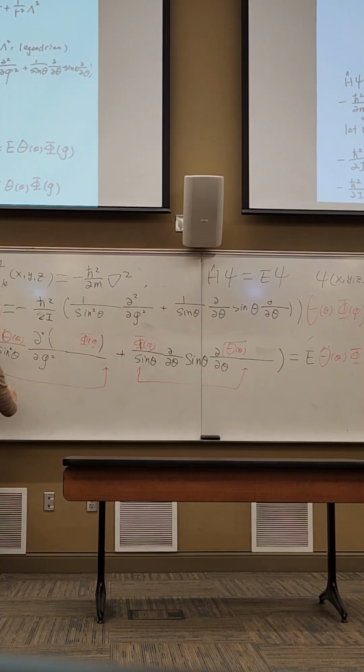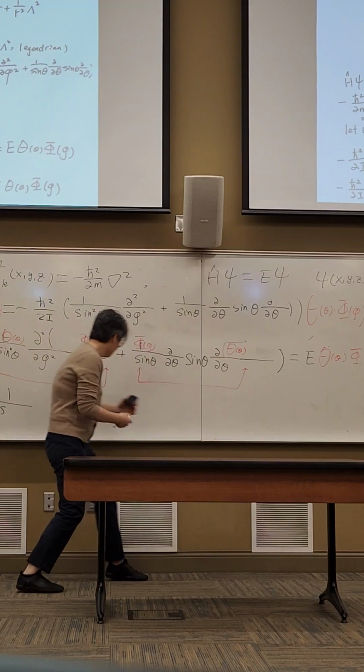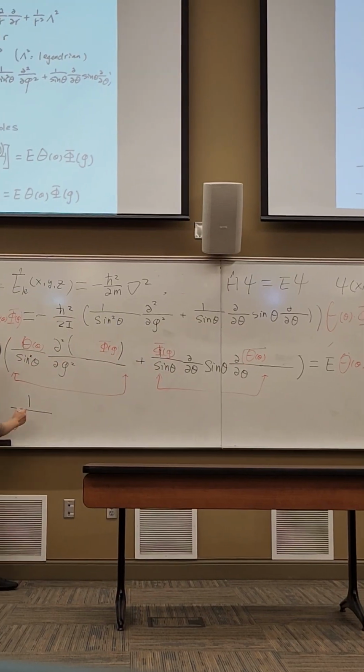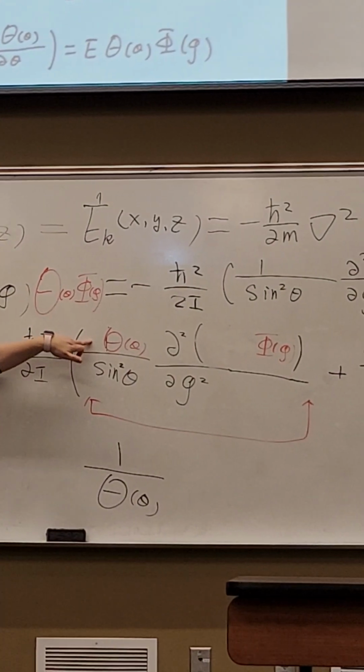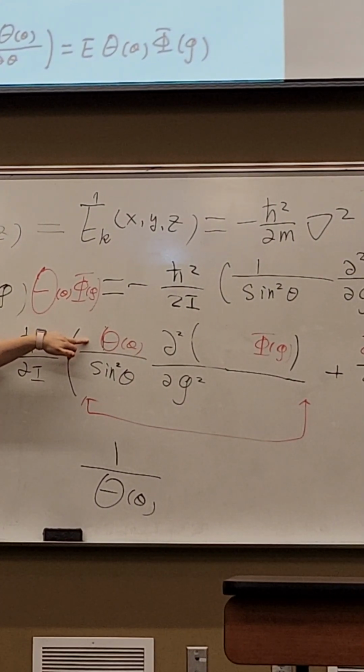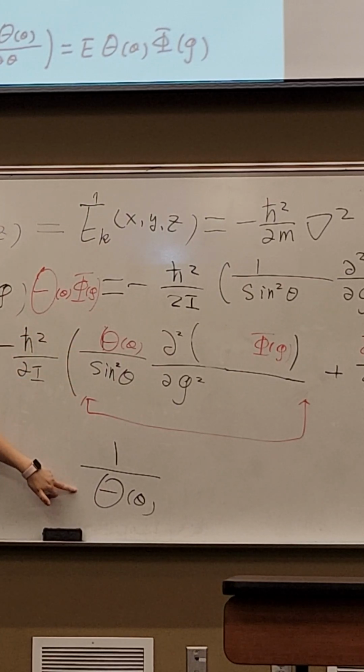I need to divide it by the theta function, to get rid of the theta function in the numerator. In order to get rid of that, I have to divide this expression by the theta function. True? Yes.